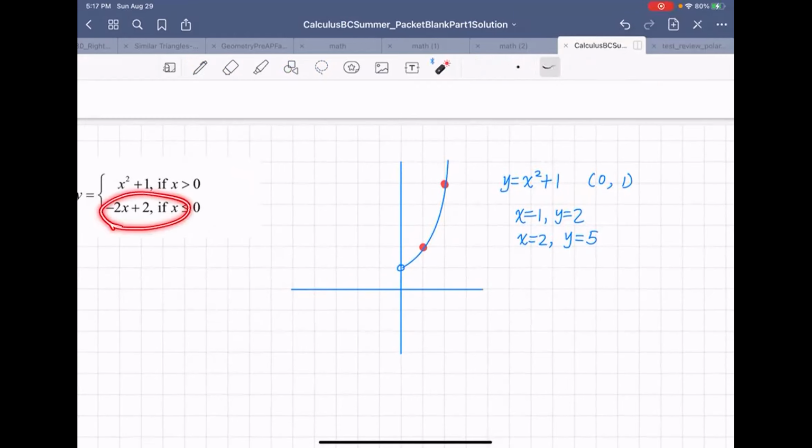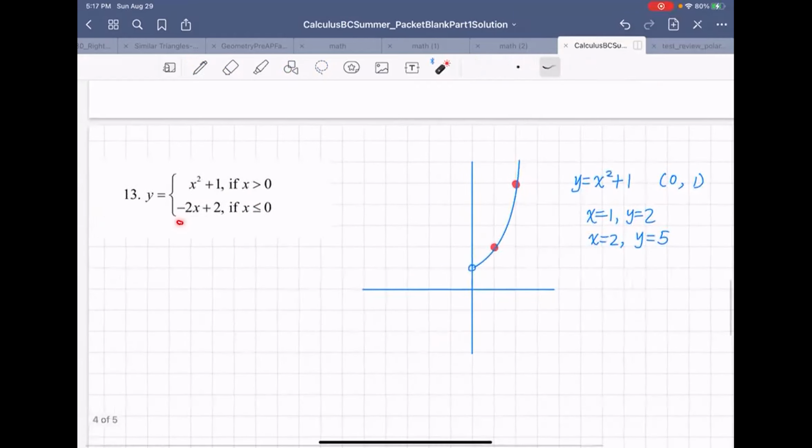And then we want to draw this. What is this guy's y-intercept? 0, 2. There, yes? And what's the slope?